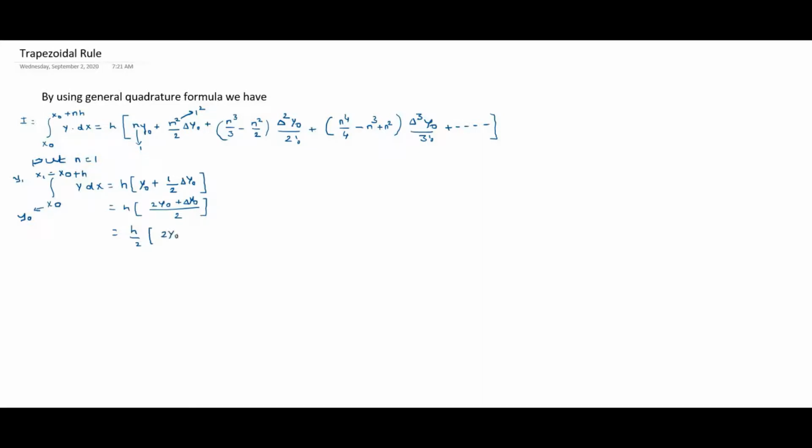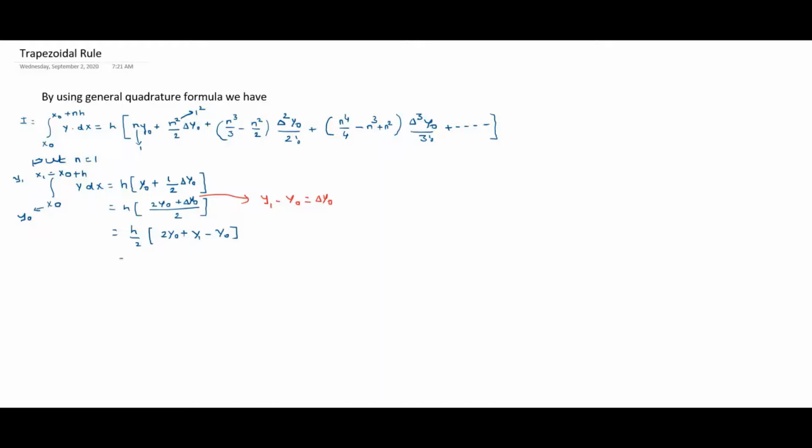2y0 plus. What is the value for this delta y0? The value for this delta y0 is equal to second term minus first term, y1 minus y0 is equal to delta y0. So here I will substitute the value for delta y0 as y1 minus y0.